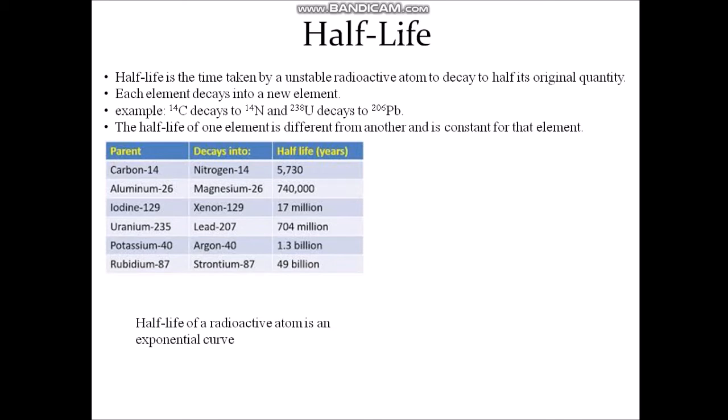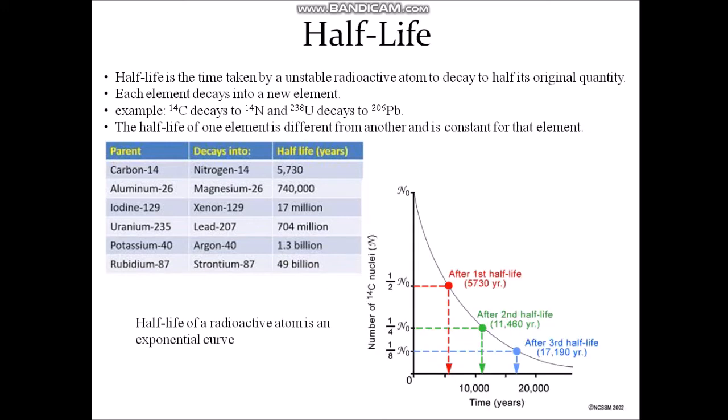Only half of it will decay, so it will be 2.5 grams. Again, that 2.5 grams will decay over the third year, so it will decay to half, which is 1.25 grams. So it will not come to zero. The exponential curve never comes to zero.